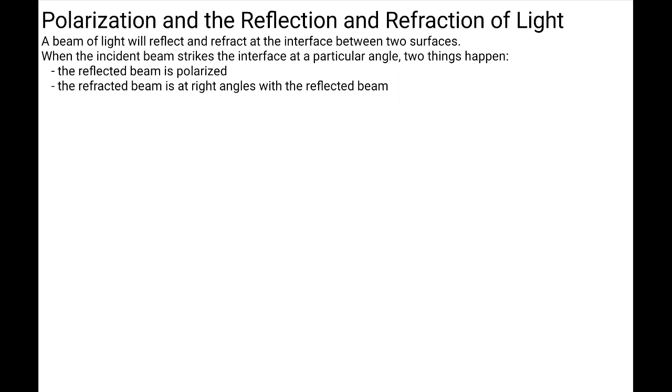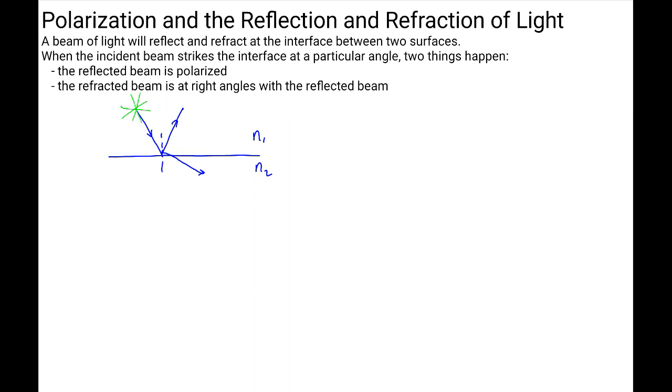So let's draw that again. Here we have the interface. So we have index of refraction n1 and n2. We have the incident beam that is going to be reflected, and this is the refracted beam. So we start out with light that is unpolarized, so the electric field lines are every which way.